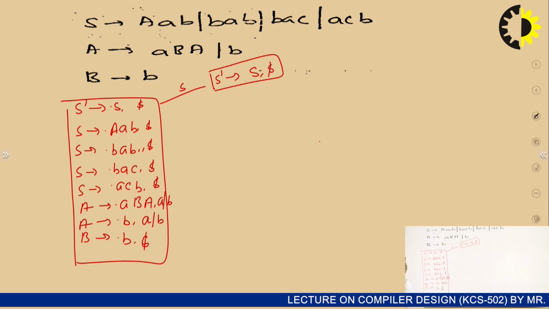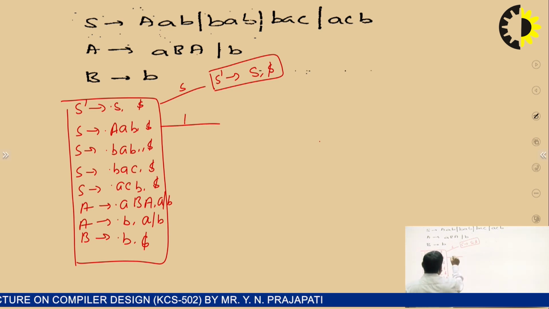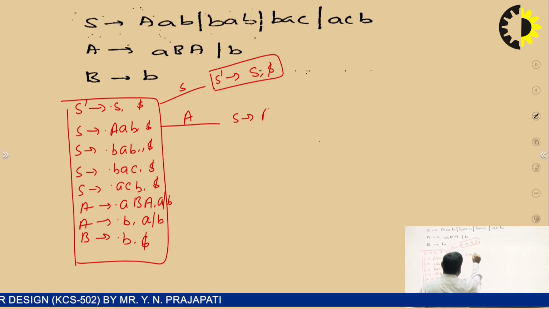Now when we shift the operation, there is no change of the look-ahead symbol. When we explore the operation, then the look-ahead symbols are changed. That is the concept for CLR parsing. Now here is A. S tends to A dot AB, what is the look-ahead symbol?